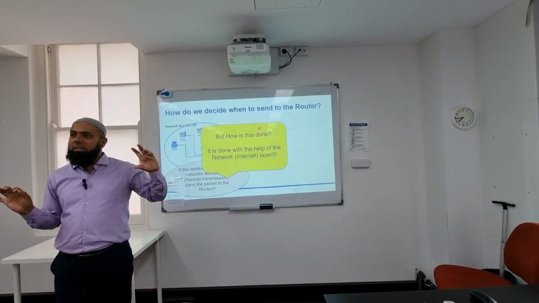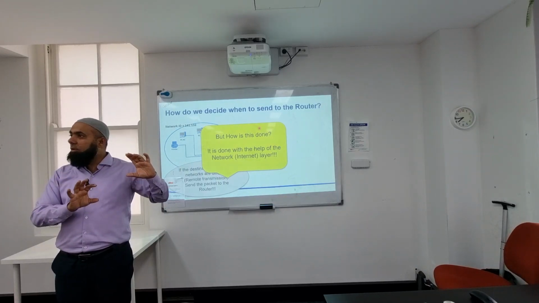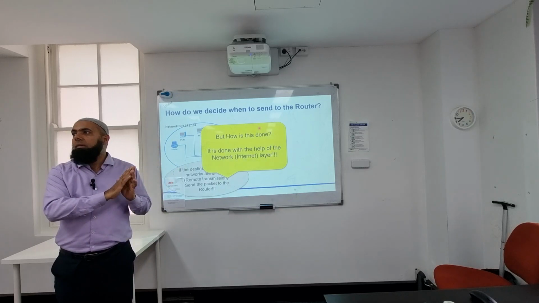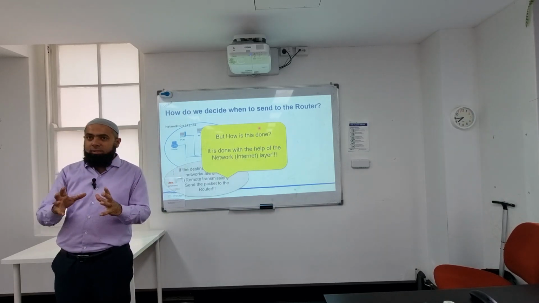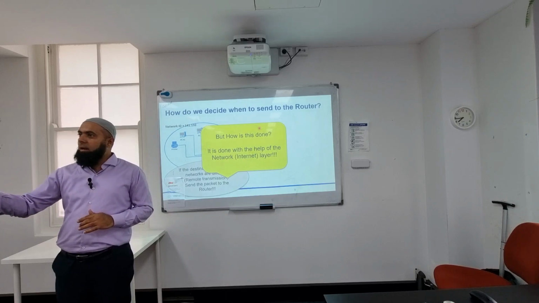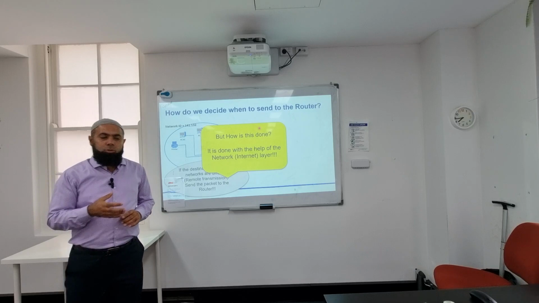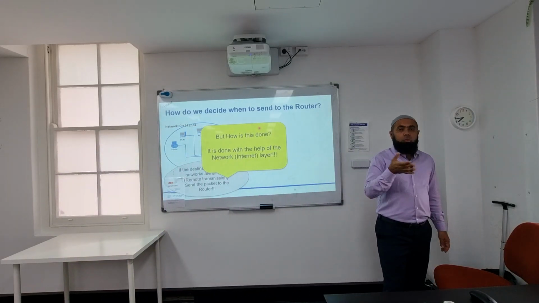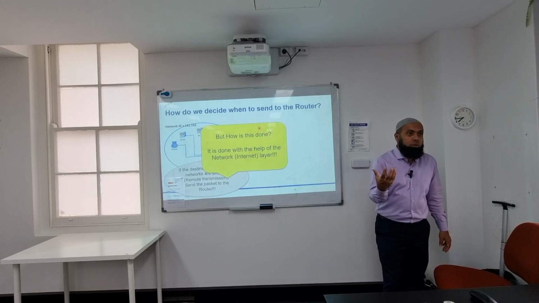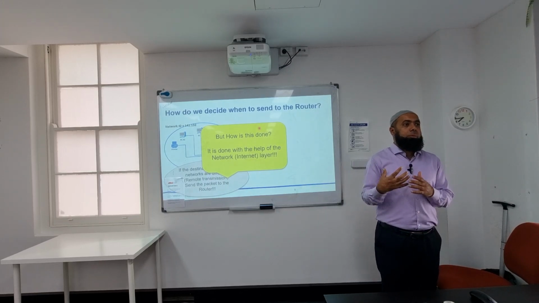So that's why it's important for every single role that you are clear what their job is. If you know their job, then you 100% understand how every layer plays its part. Make sense? So please, that should be very clear in your mind. What is the role of the application layer? What is the role of the data link layer? How does the internal layer come to play its part?